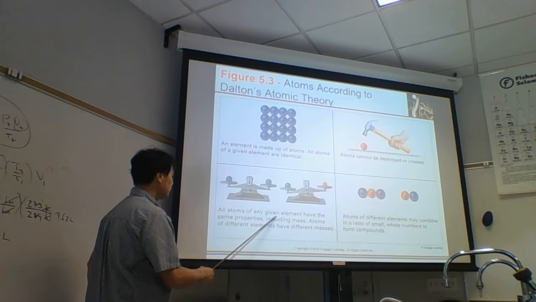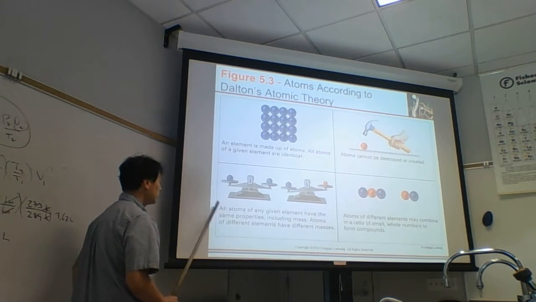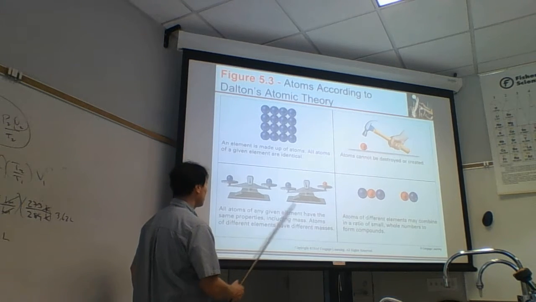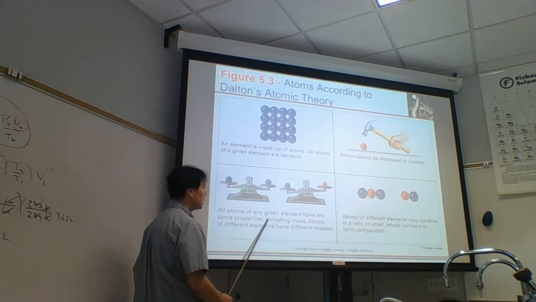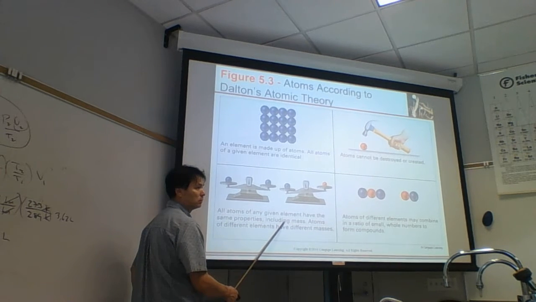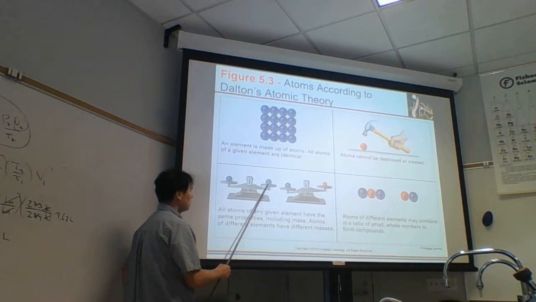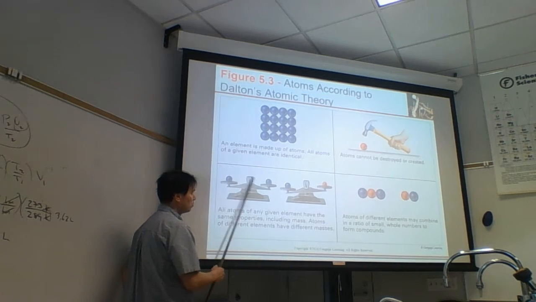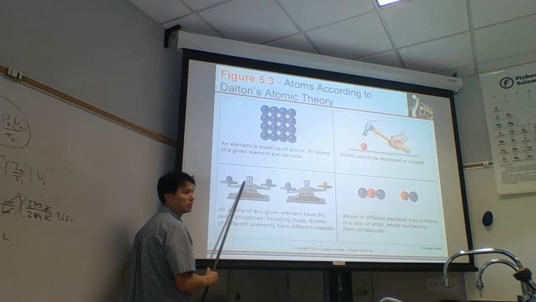All atoms of any given element have the same properties, including mass. No. We should rewrite this. All atoms of any given element have the same chemical properties, but might have different masses. And so a heavy oxygen and a light oxygen are going to weigh different amounts, but they'll have the same chemical properties.